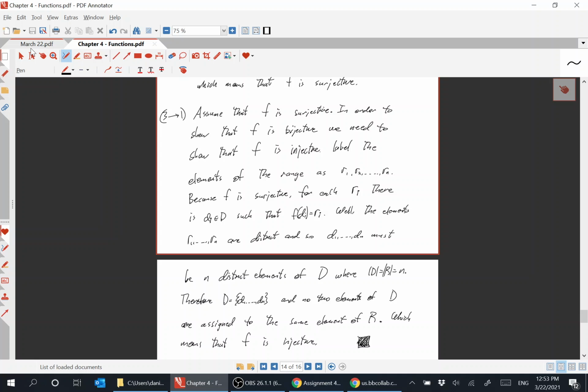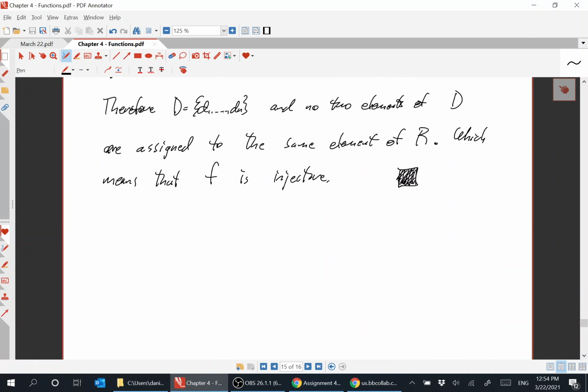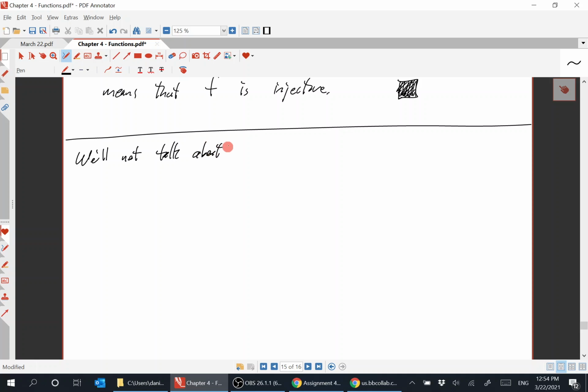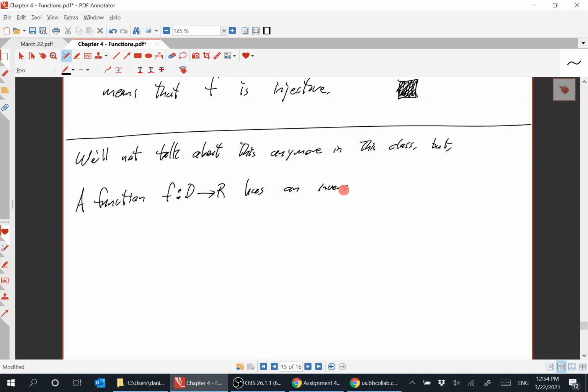So, by the way, I'm not really going to talk about this, but okay, a function f from domain to range has an inverse function if and only if f is a bijection.